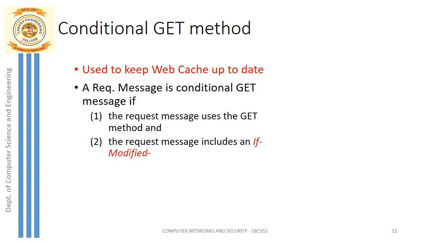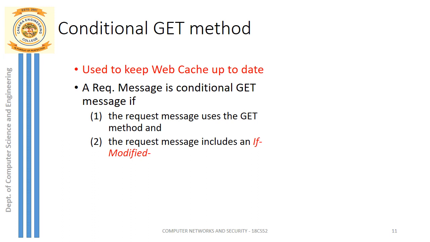Sometimes there will be a situation where the web cache will be serving stale data to the client. The origin server will have an updated object, but the web cache will be serving the old data to the client. So in order to keep the web cache updated, the web cache will use the conditional GET method.